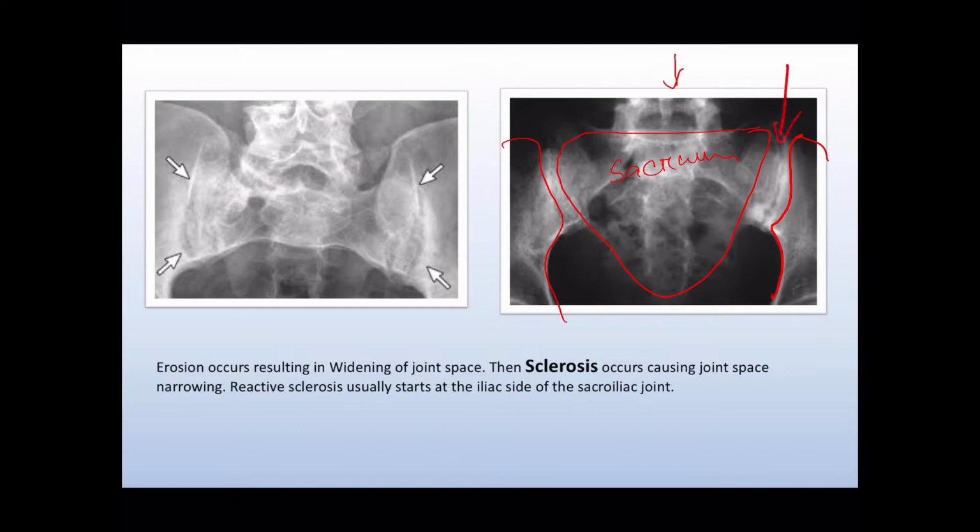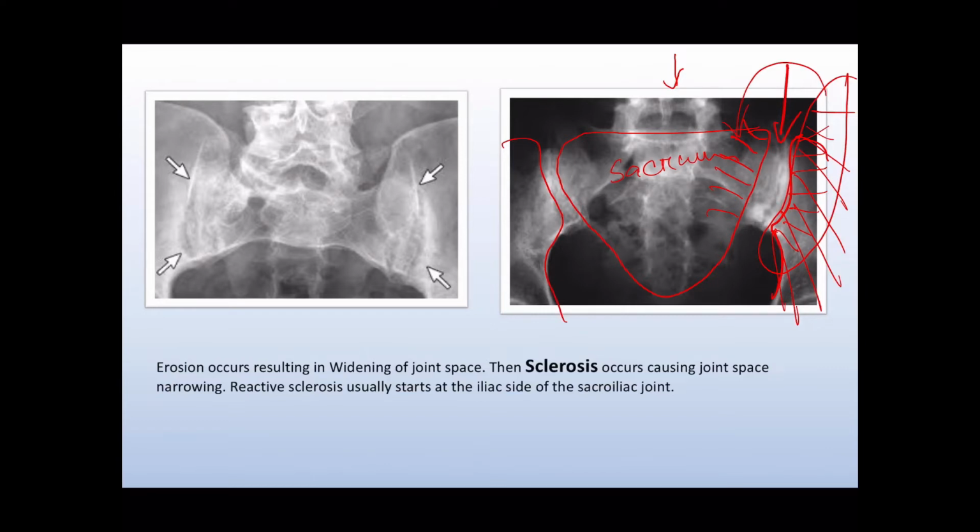We can say that this is the sacral part of the sacroiliac joint, and this is the iliac side of the sacroiliac joint. So we want to say that sclerosis starts in the iliac side. Sclerosis starts in here, and in later stages the sacral part also gets sclerosed, but you should always remember that sclerosis starts in the iliac side.